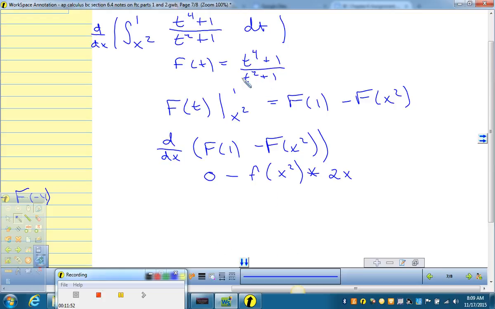So that means my answer will be negative this function evaluated at x squared. So we get x squared to the 4th plus 1 over x squared to the 2nd plus 1, and all of that times 2x. And there's our answer.